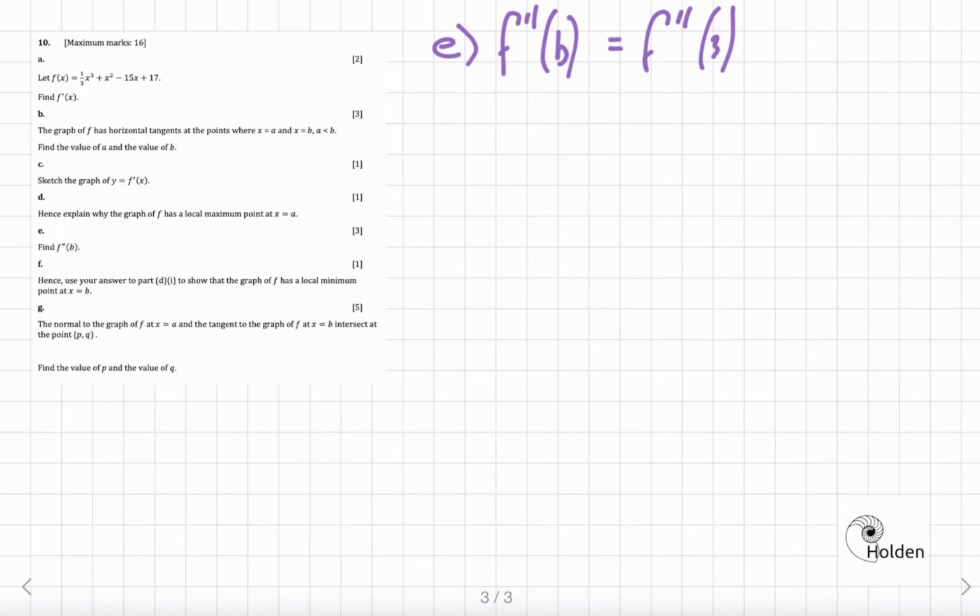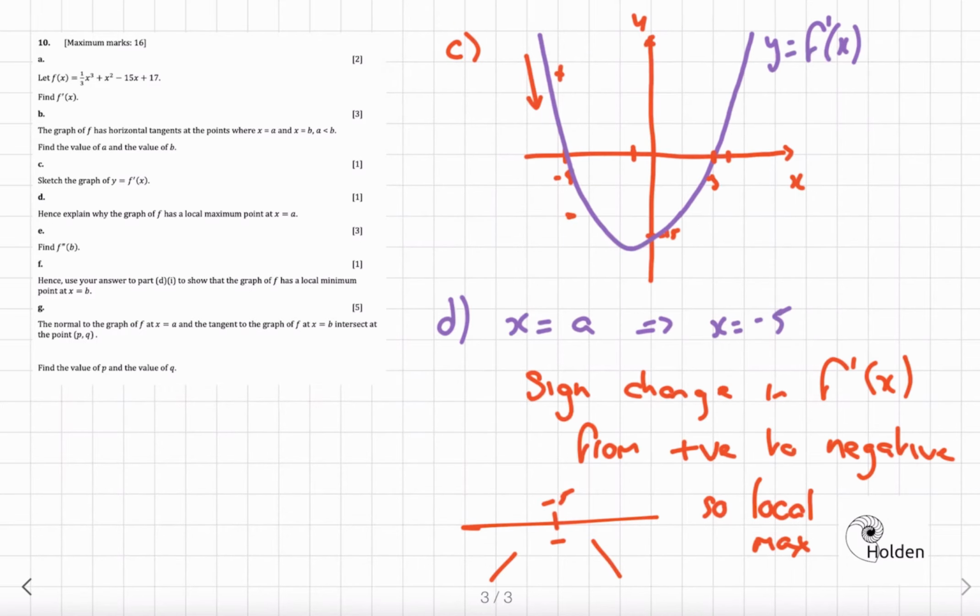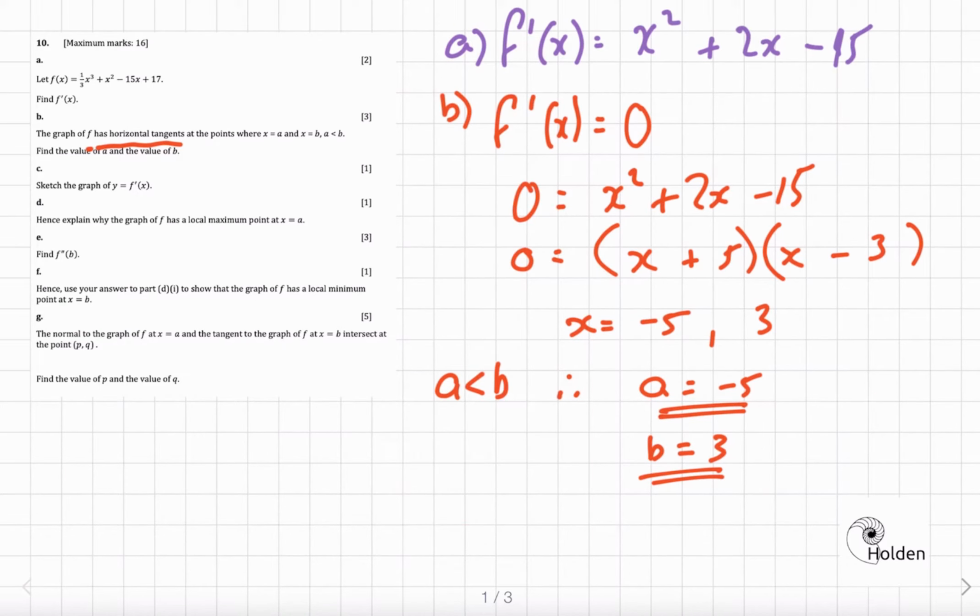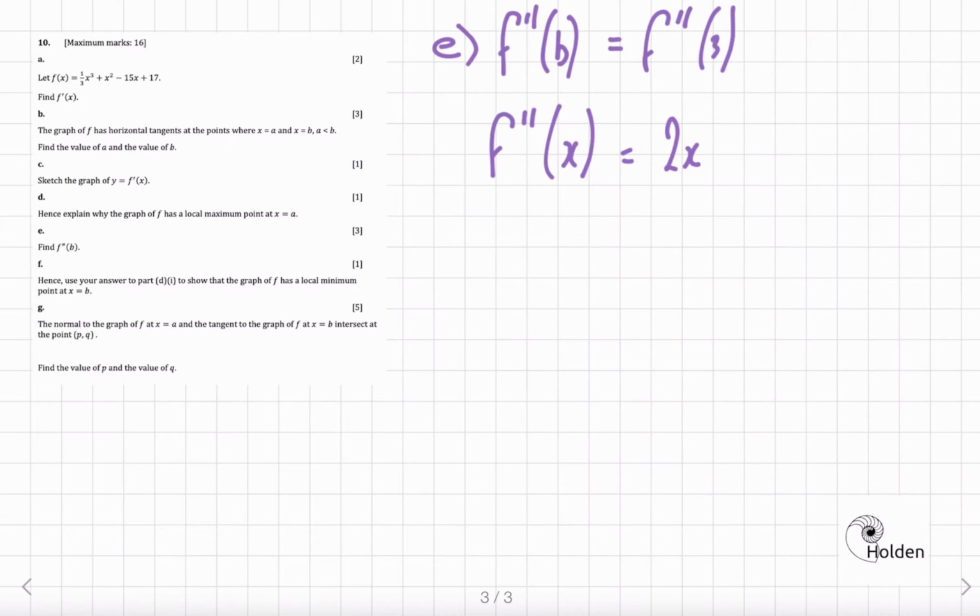We're going to get follow-through marks at this point if everything's going wrong. f prime of x is x squared plus 2x minus 15, so f double prime of x is just going to be 2x plus 2. Substitute 3 in for our x value: 2 times 3 plus 2 is 8. And that's our final answer there.